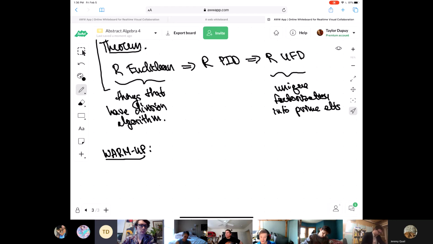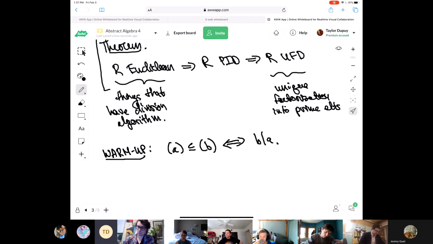The warm up is that if A is contained in the ideal B in some ring, this is if and only if B divides A. So there's this relationship between divisibility and containment of ideals. Why is that?